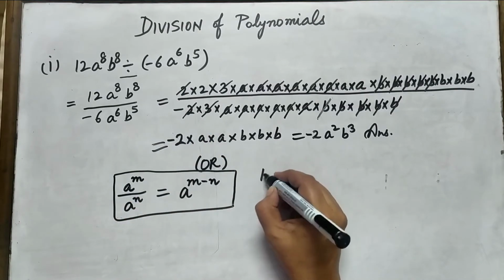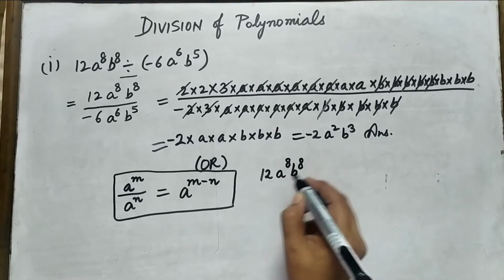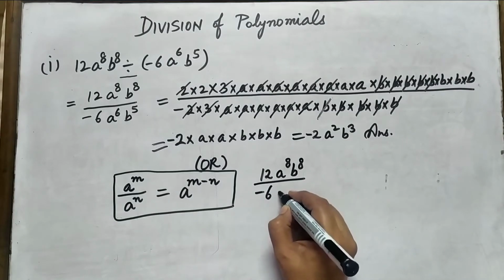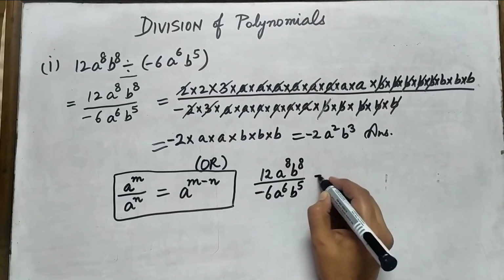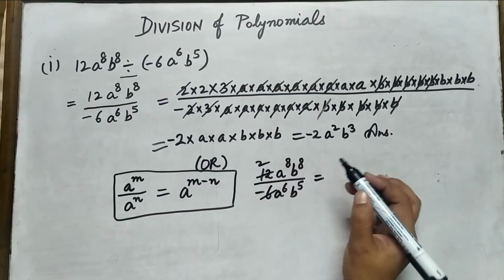How will we do this? 12 a raised to power 8 b raised to power 8 upon minus 6 a raised to power 6 b raised to power 5. We get 12 divided by 6 is 2.